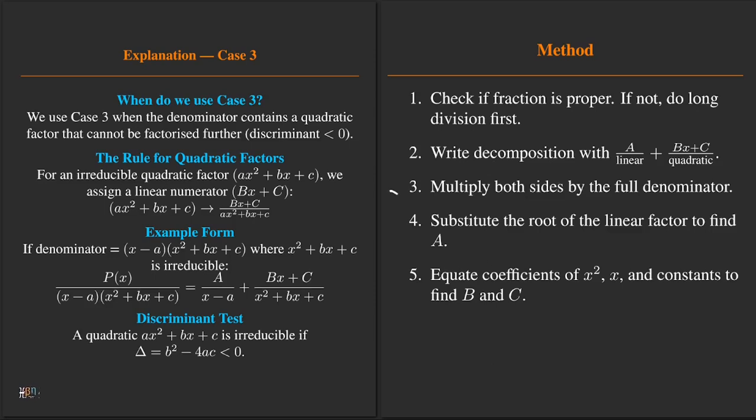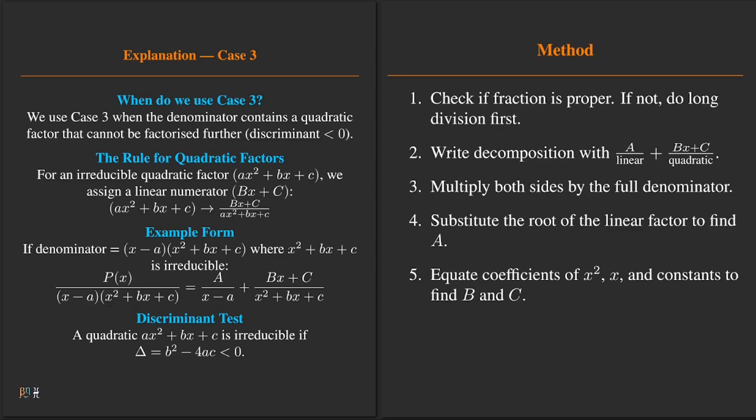Multiply both sides by the full denominator so that we get only the numerators equating. Then we substitute the root of the linear factor to find a. This is the cover up method or the substitution method, after which you can use your undetermined coefficients to solve for the remaining constants. This will be best understood if we actually pick some questions and then try.